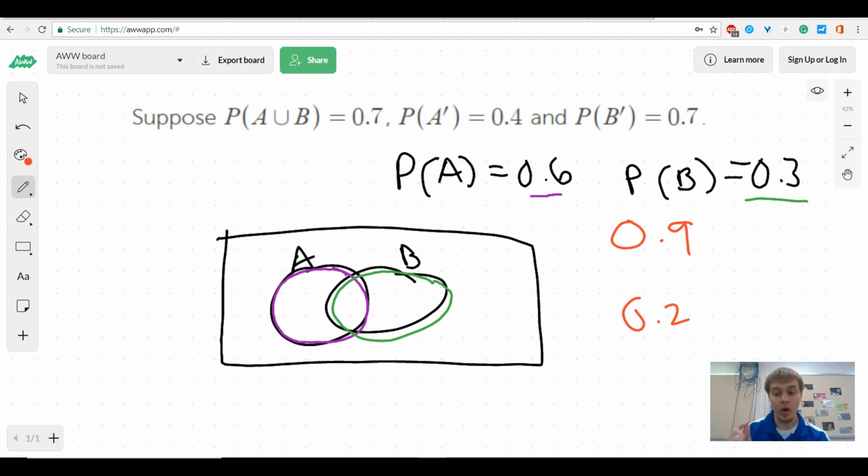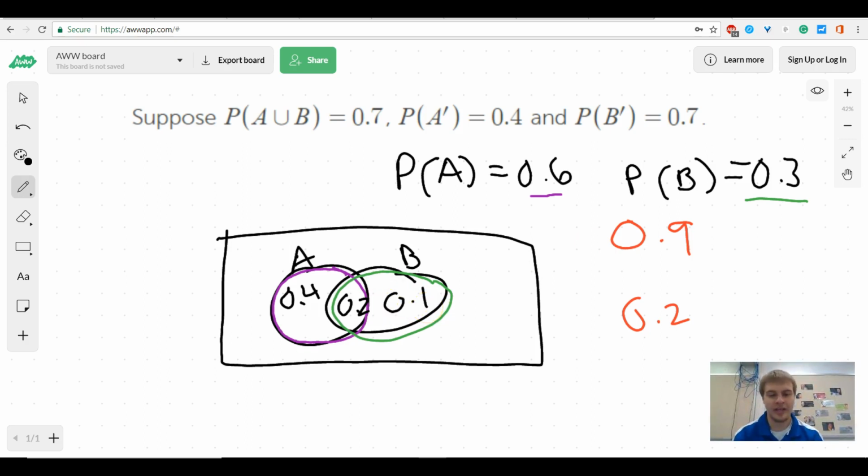So that is the overlap. The extra amount that we're actually overcounting by counting these circles twice is 0.2. So that is what belongs in the middle. And if that's 0.2, if this whole thing is 0.6, this would be 0.4. And if this whole thing is 0.3, this would be 0.1.